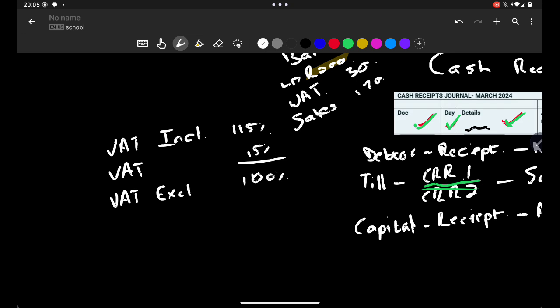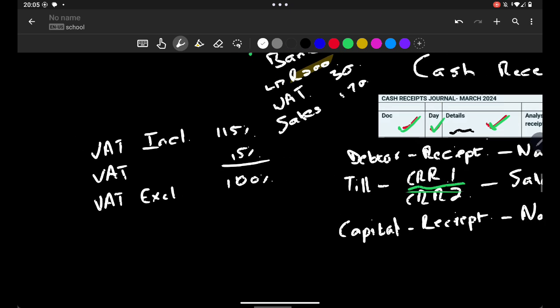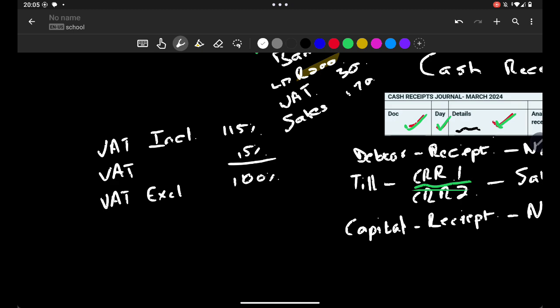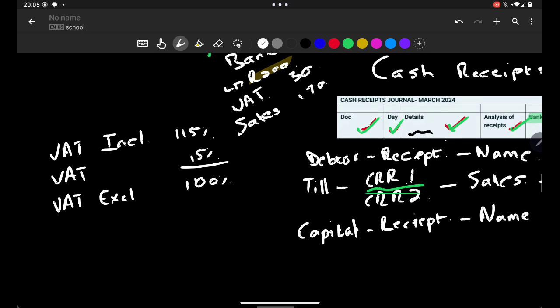There's a whole breakdown in the previous video on VAT as to why exclusive is 100% and inclusive is 115, and how VAT works and all that. So if you don't understand this section, I suggest you pause and then go back there, because it's just going to get confusing, right?